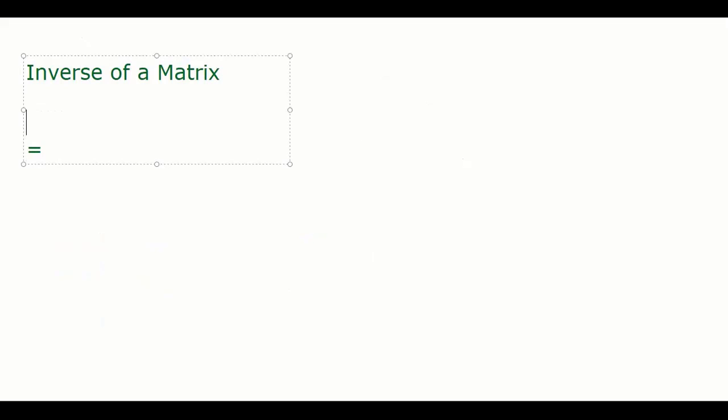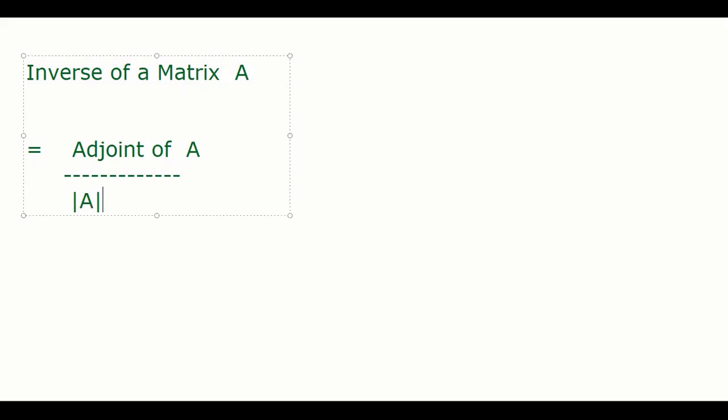Suppose I am finding inverse of a matrix, say A. So first of all I'll find adjoint of A, and I'll divide that by determinant of A. मतलब क्या है? जो भी adjoint value है of that matrix, divide by the value of the determinant of that matrix. That is known as inverse of the matrix. Inverse मतलब adjoint divided by the determinant of it.